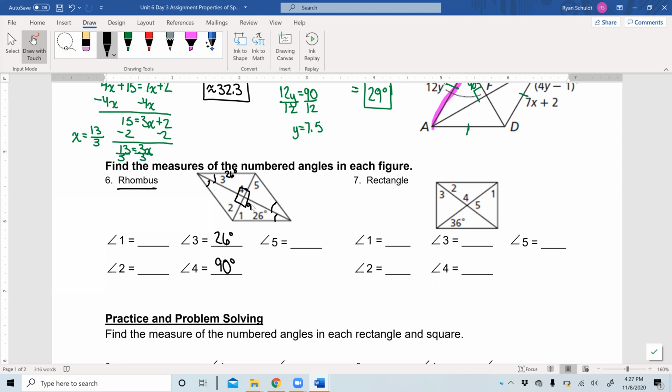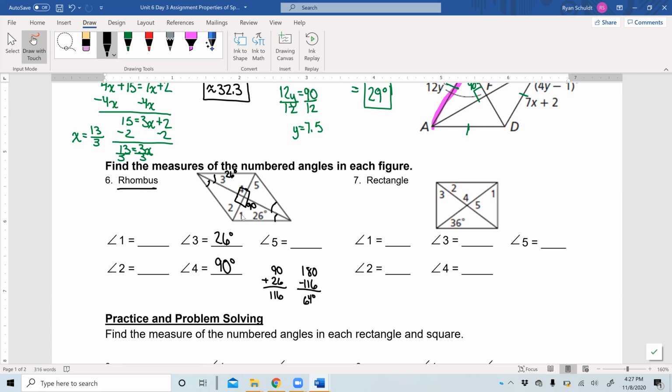Let's see, I know that's 90. I got a 26 degree angle down here. What's 1 have to be? Well, 90 plus 26 gets you 116. Subtract 116 from 180, and you get 64 degrees.